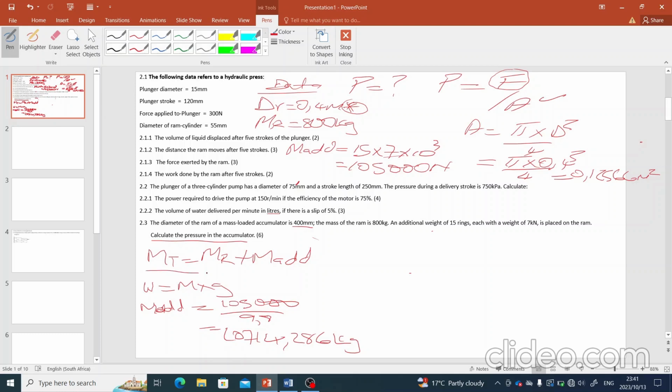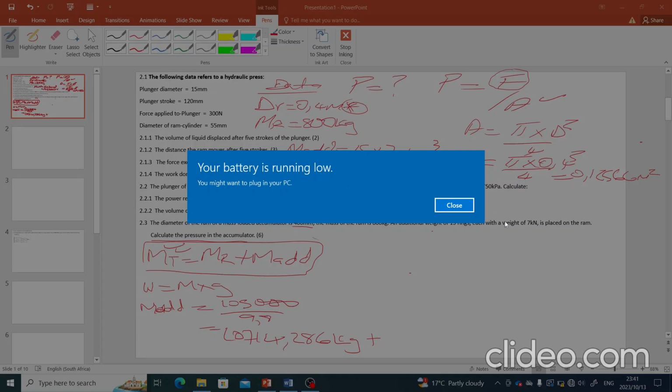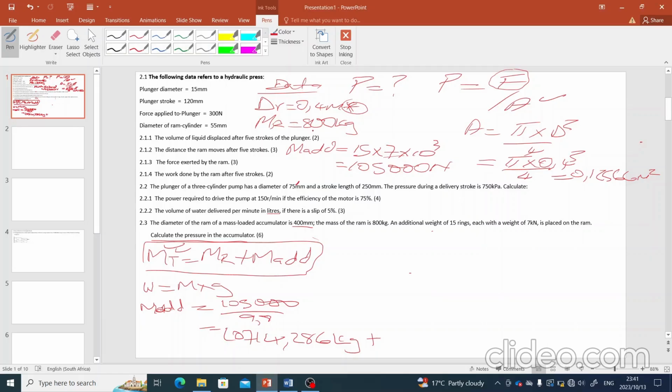Now we'll apply this formula to get mass total to be able to calculate force. Now we'll then have to add MR. Our MR is 800. In calculating that, I get my mass total as 11,514.286 kg.